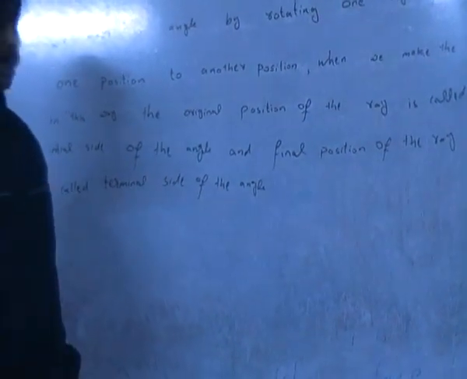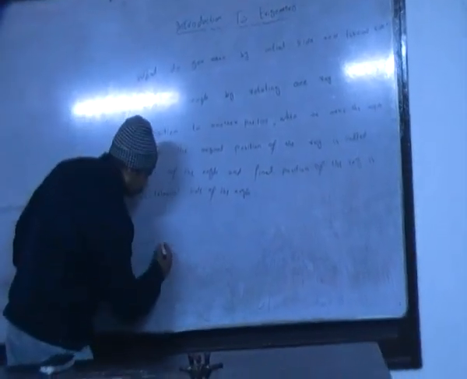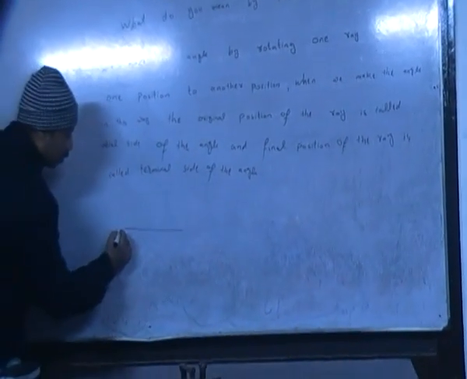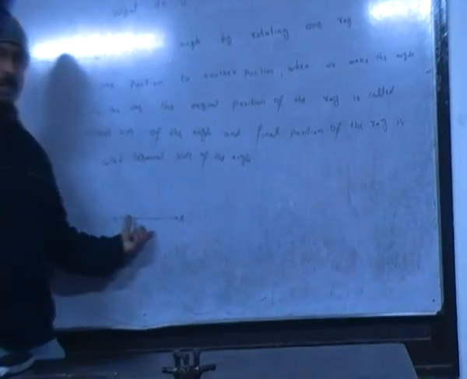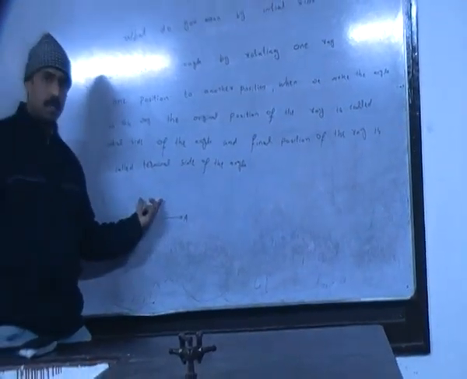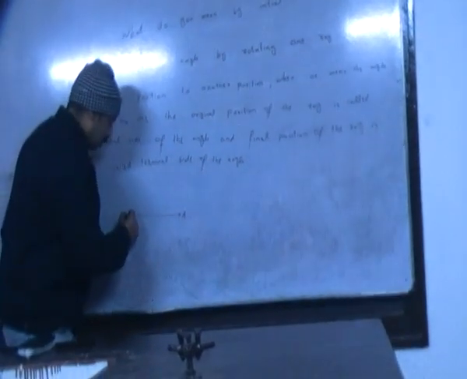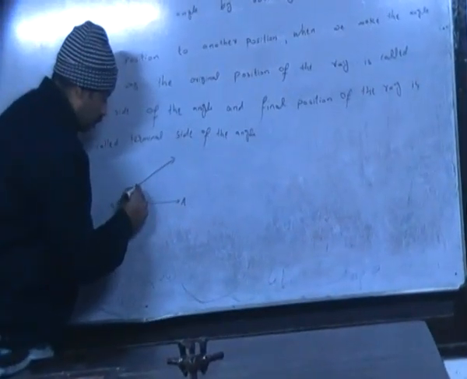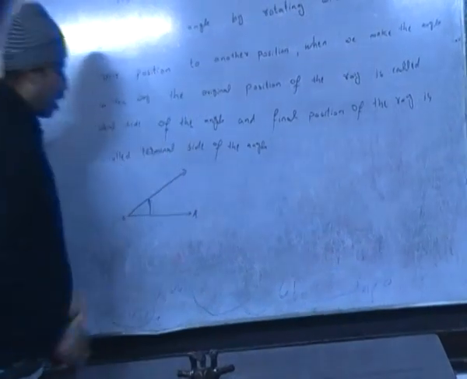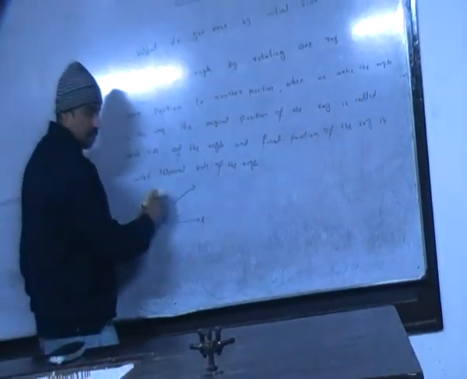How do we draw the initial side and terminal side of the angle? It is a ray OA. When we rotate this ray in the anti-clockwise direction, the first position of the ray is this and the second position of the ray is this.